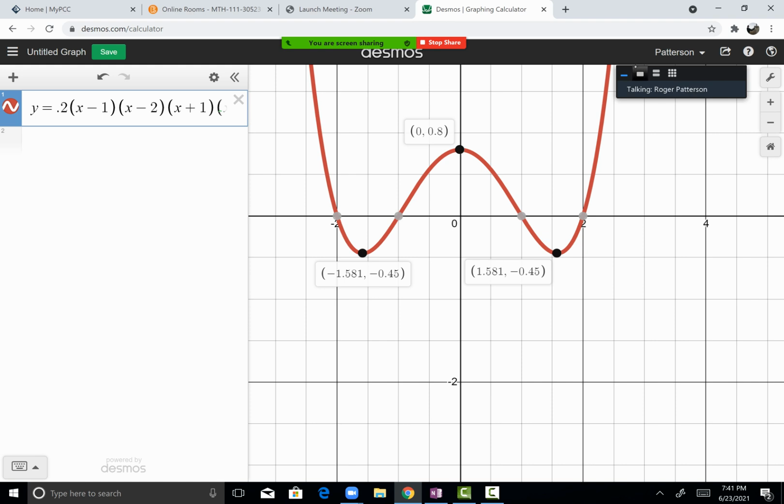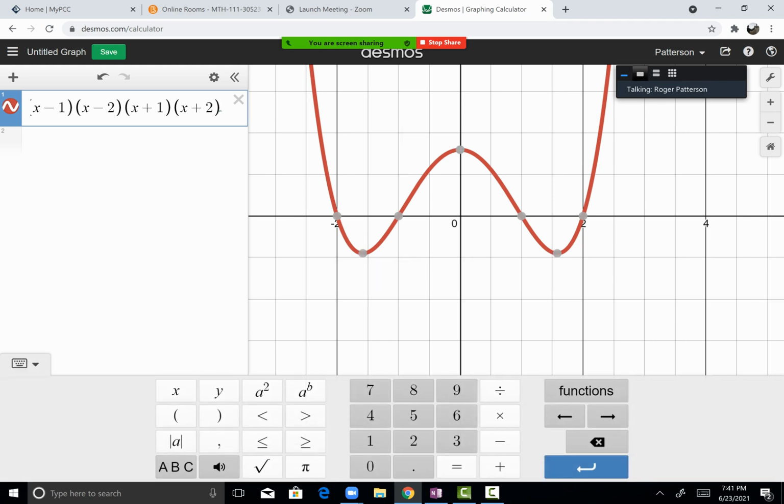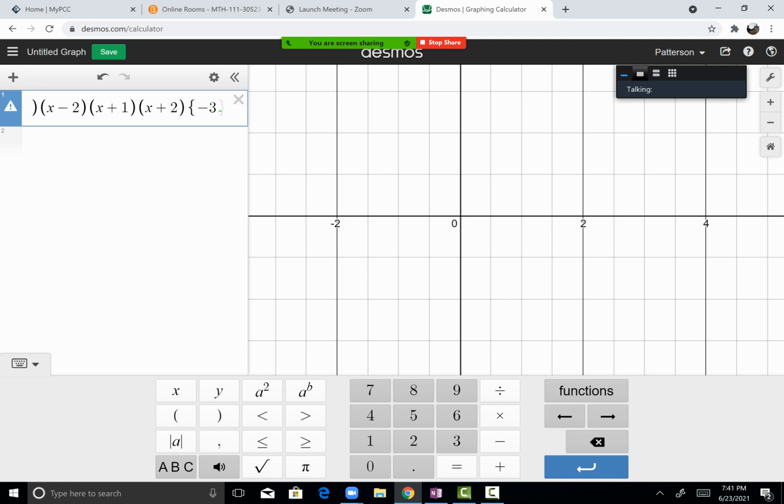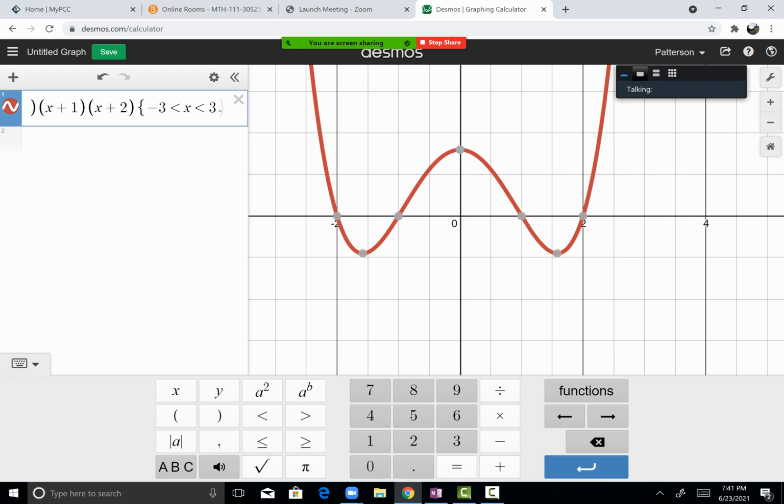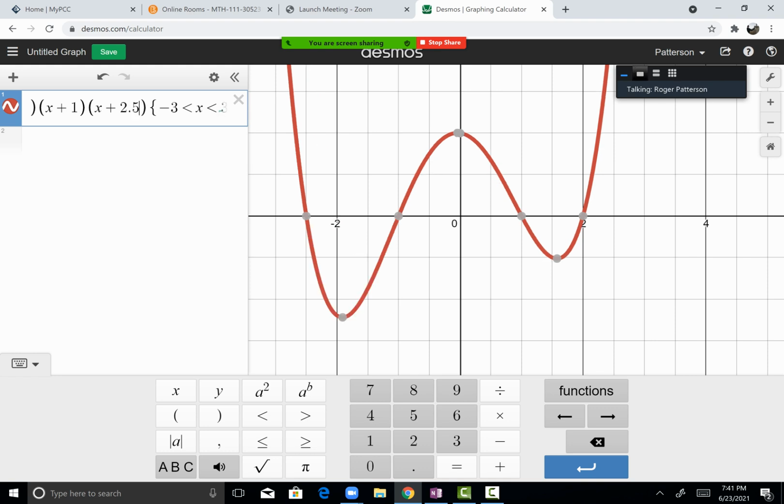I want to see if I can do some more with this. Let's see. Let me cut it between -3 and 3. Okay, and let me make this. All right.